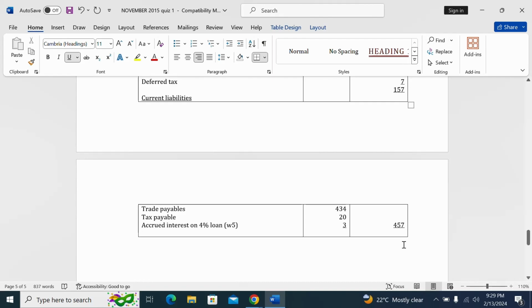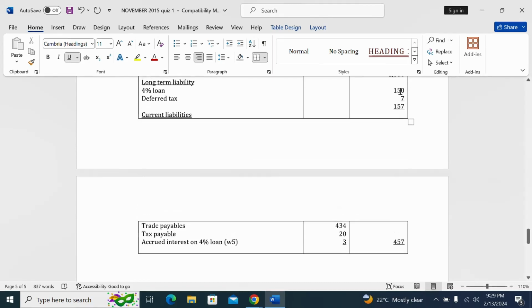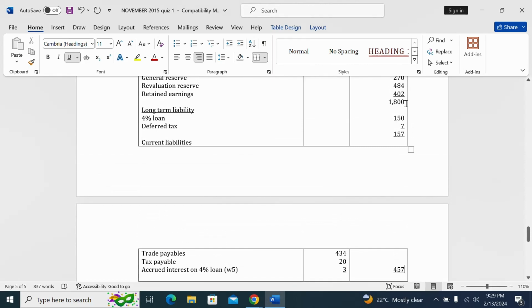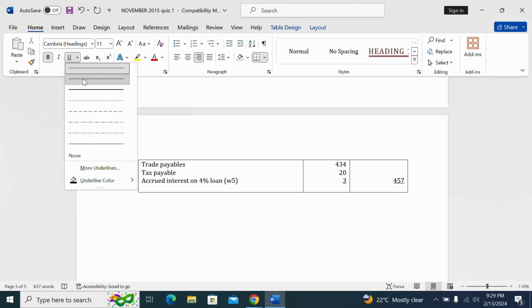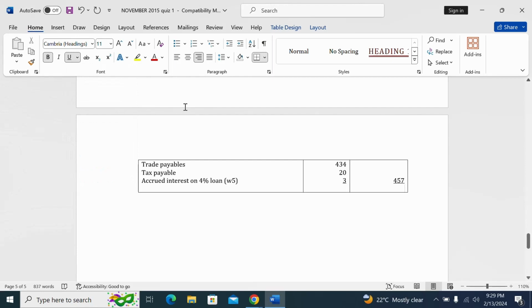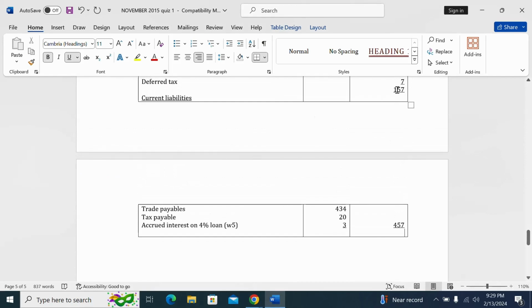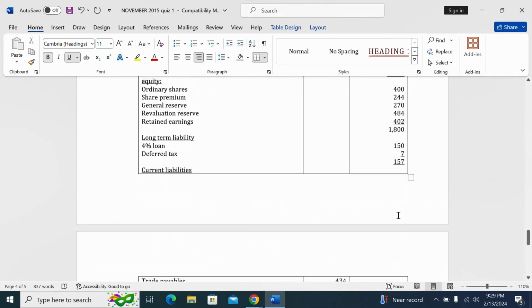Then we take 457, we add 157, and we add 1800 to get our total equity and liabilities. That is 457 plus 157 plus 1800.